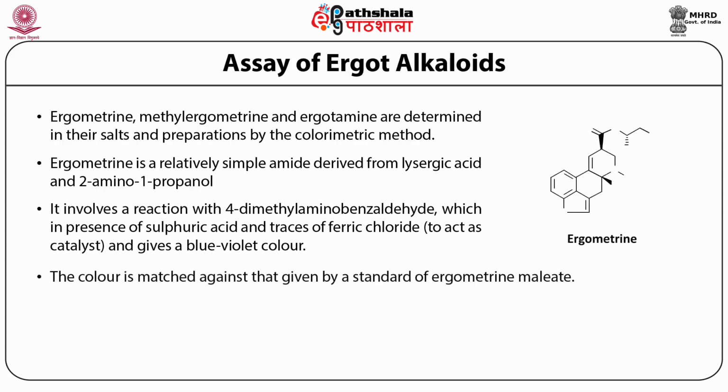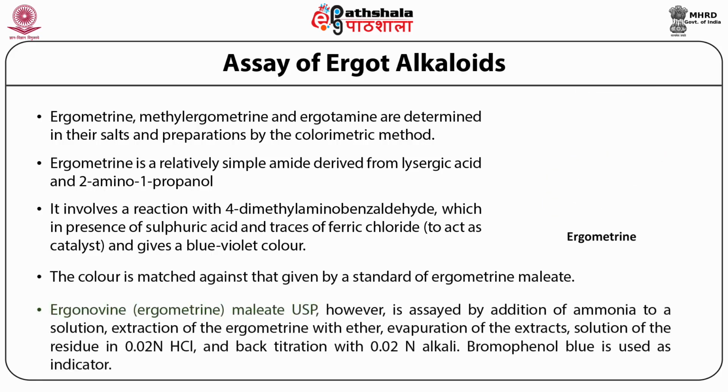The color is matched against that given by a standard of ergometrine maleate. Ergonovine maleate USP, however, is assayed by addition of ammonia to a solution, extraction of ergometrine with ether, evaporation of the extract, solution of the residue in 0.02 normal HCl, and back titration with 0.02 normal alkali. Bromophenol is used as an indicator here.